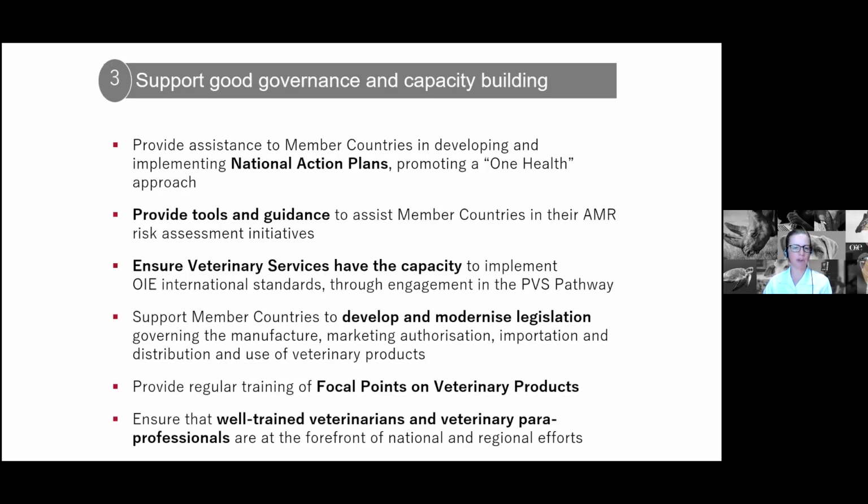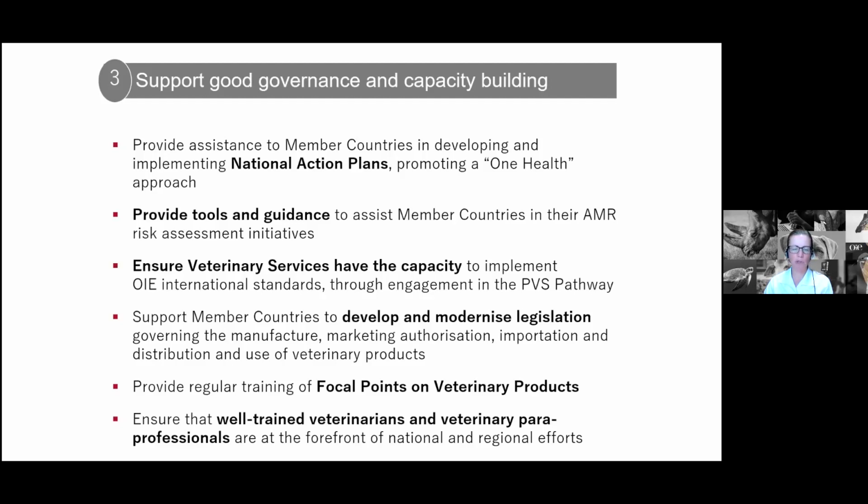We will help to provide tools and guidance to assist the members in their AMR risk assessment initiatives. And we will ensure that veterinary services have the capacity to implement OIE international standards. And this is primarily through our PVS pathway, which is a pathway for assessing veterinary services members.